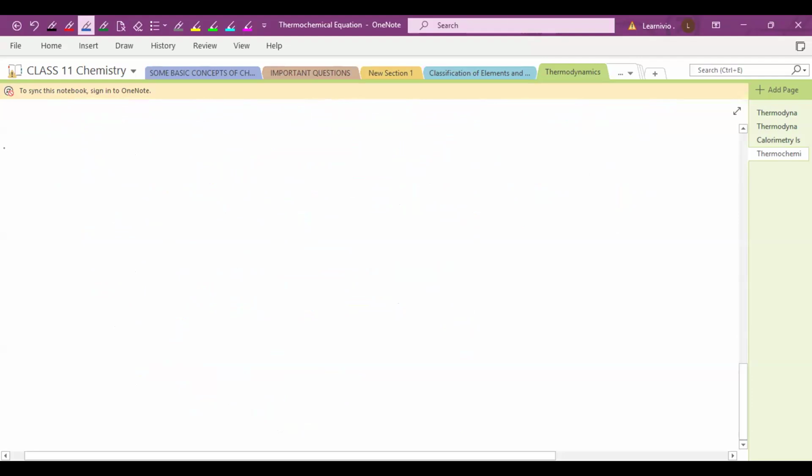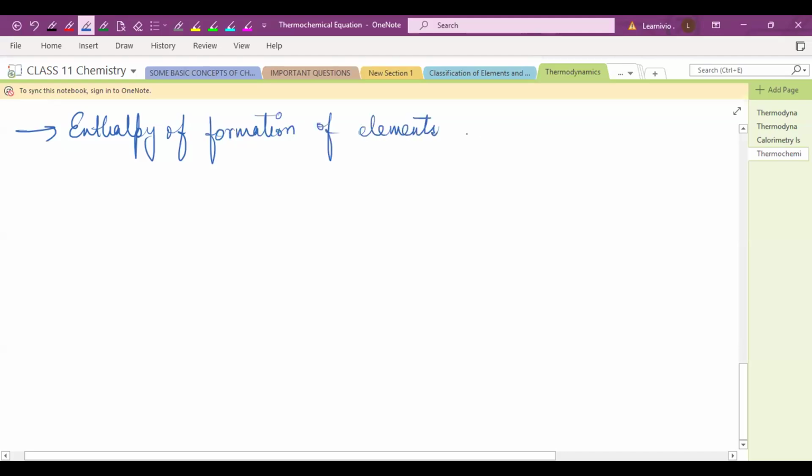Now see, one more thing: enthalpy of formation of elements in their most stable state is zero.